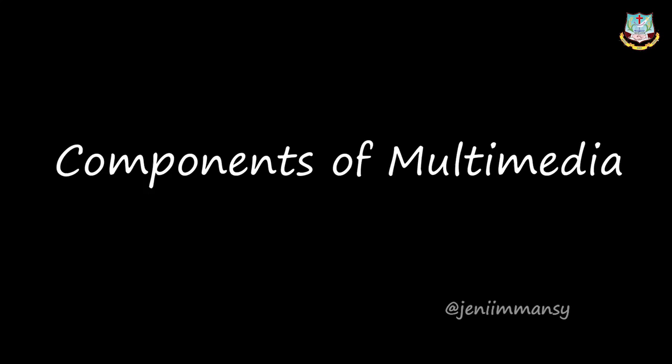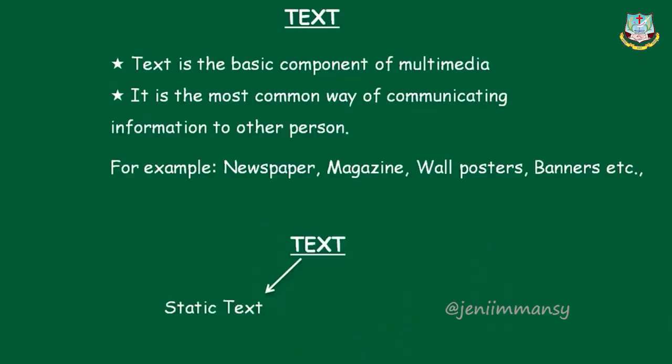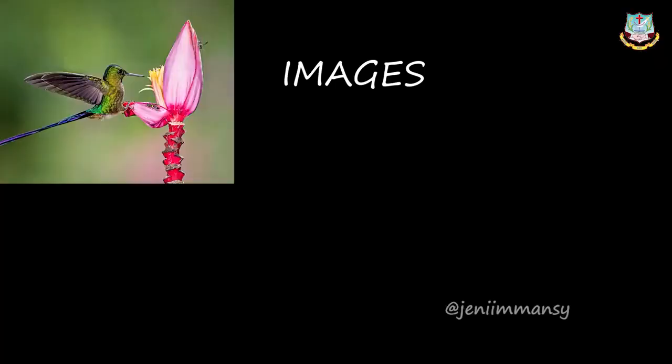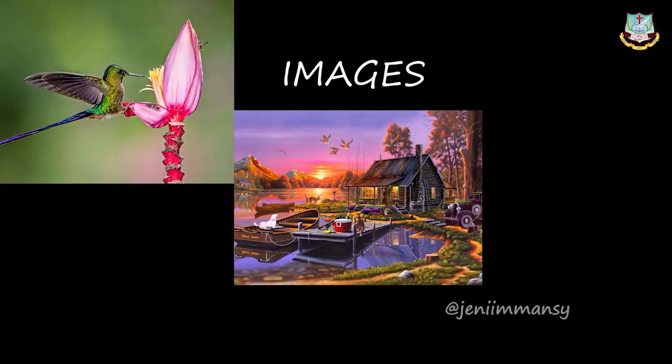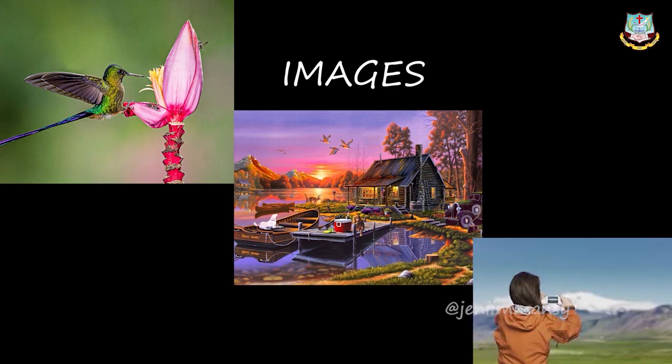First one is the text component. Text component is the basic component. Here we have two types, static text and hypertext. What is an image? When you take a picture, we get an image, or when we draw something, we get an image, right?